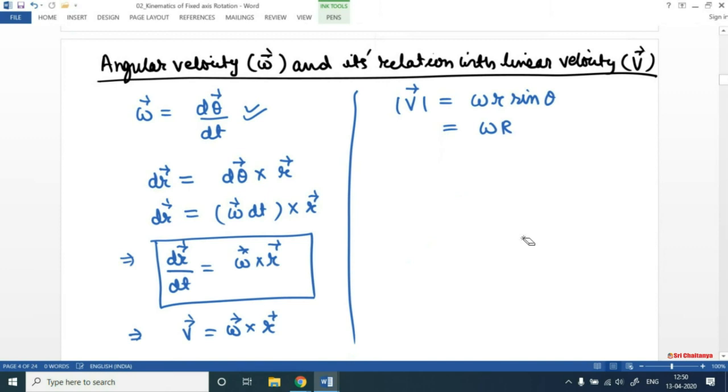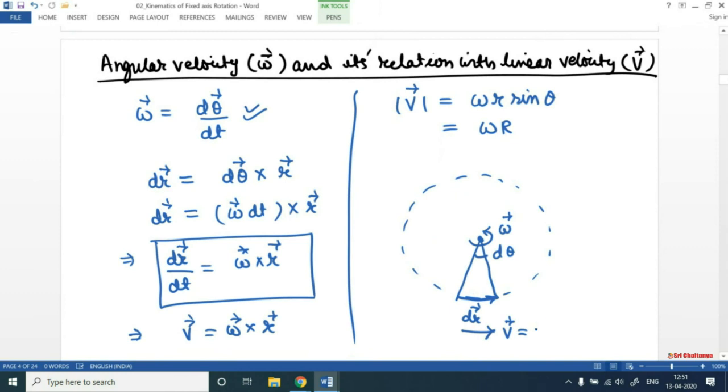So that triangle, let's draw over here. If the point is moving along the circular path, this was d theta. So this was the direction of angular velocity. And this was the direction of dr. So v would also be along omega cross r.